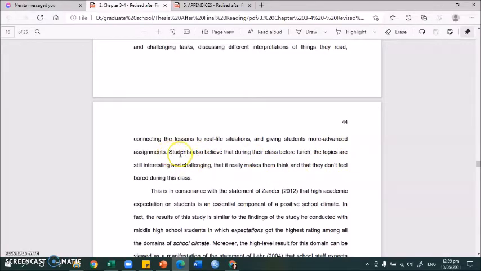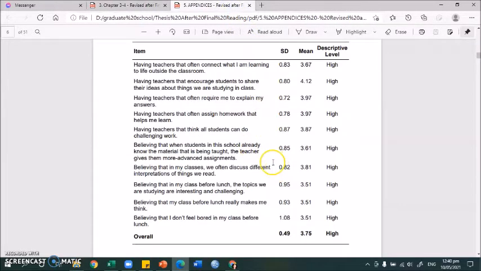Okay, so gaya nito. Students also believe that during their class before lunch, the topics are still interesting, challenging, that it really makes them think, and that they don't feel bored during this class. Ito naman, this is the result of the things they believe about the class that they have before lunch. Okay. Saan ba yan? Ayan. Believing that in my class before lunch, the topics we are studying are interesting and challenging.